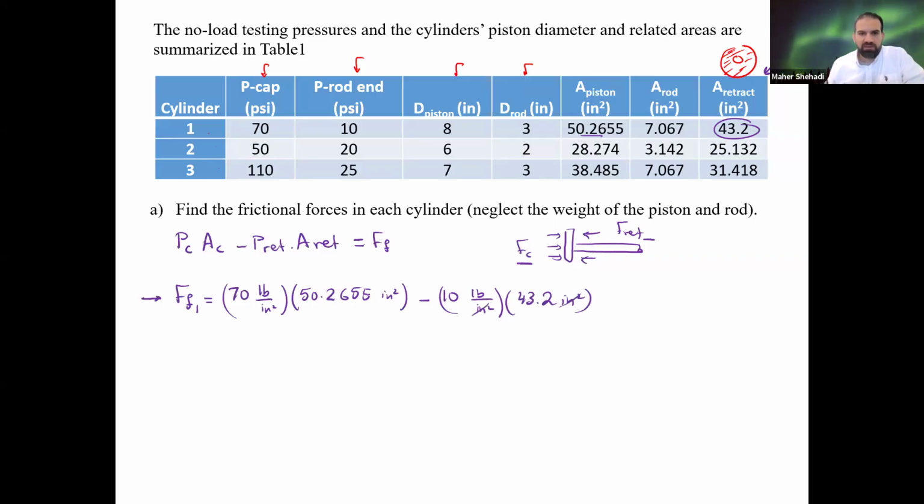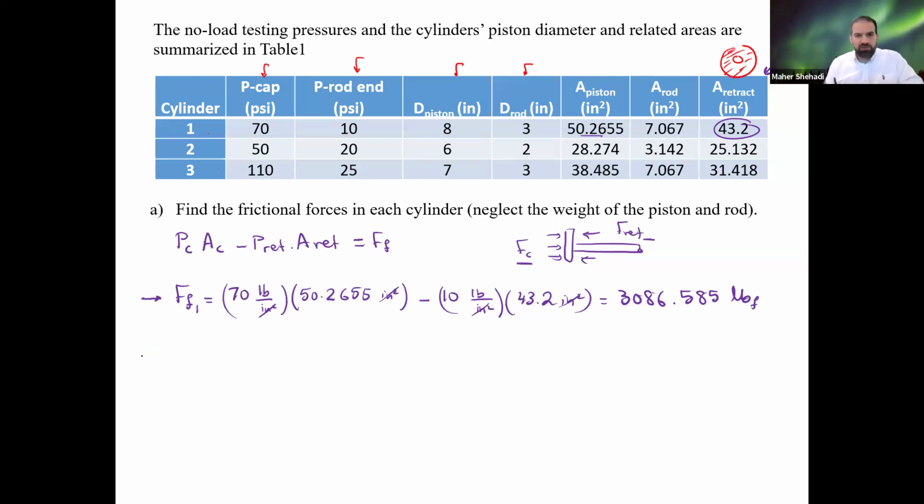So that would be in pound force. So this would be 3,086.585 pounds.